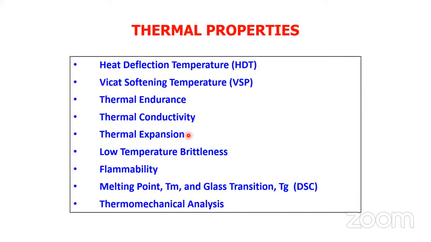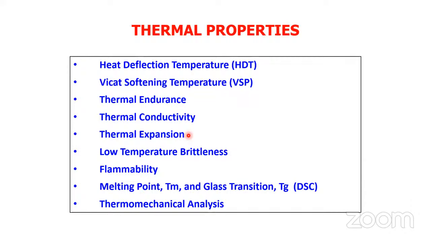conditions. Okay, so what all kind of tests can be carried out to determine the thermal properties of polymeric materials that are listed here? Very basic methods are the heat deflection temperature, which is the HDT, and second is Vicat softening temperature or Vicat softening point.